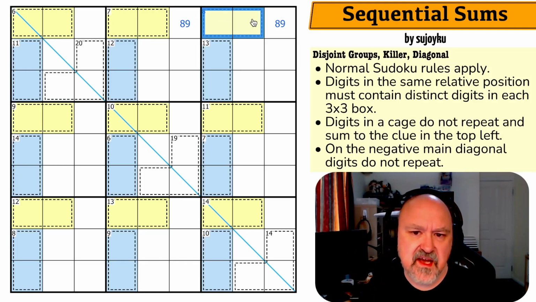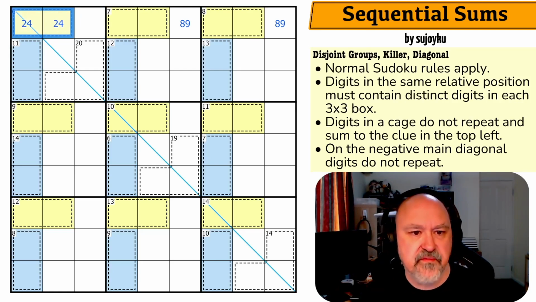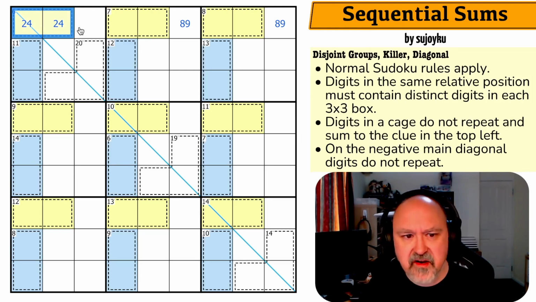If 7 is here, it's 7, 1, and this becomes 2, 4. If 7's not here, it can't go in a 7 cage. 7 is here. This becomes 1 because it's 7, 1, and this is 2, 4. This is always 2, 4. That's crazy. That's totally cray-cray.